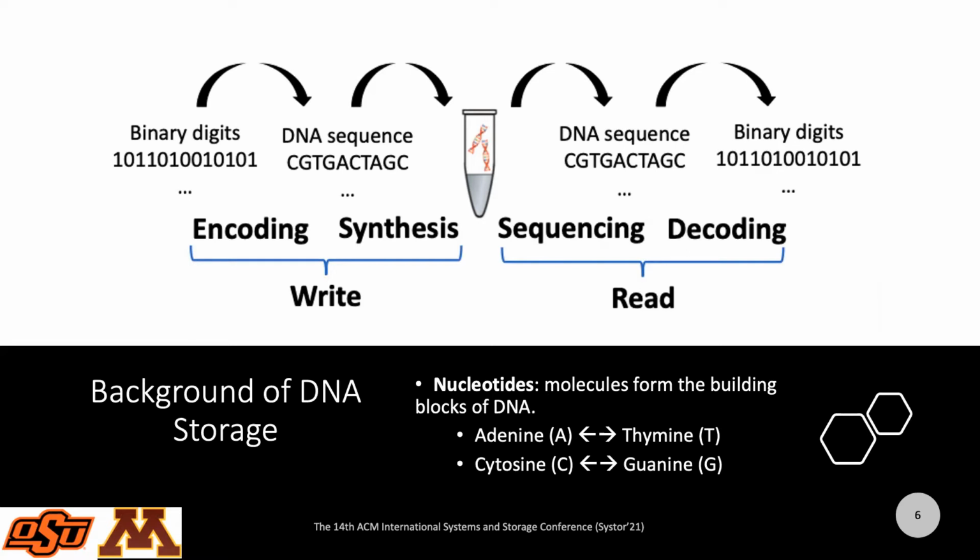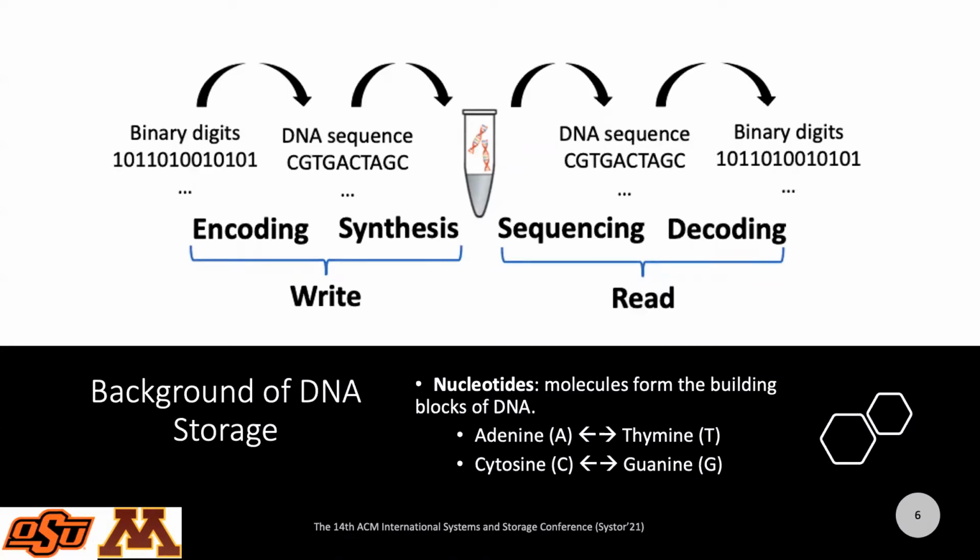For DNA, basically there are four basic elements, A, T, G, C. Normally A and T are bonded with each other, and C and G are bonded with each other. In DNA storage, there are four major steps: encoding, synthesis, sequencing, and decoding.